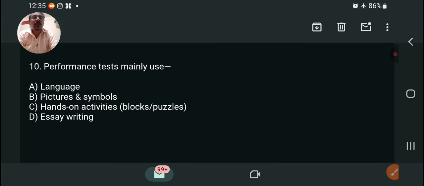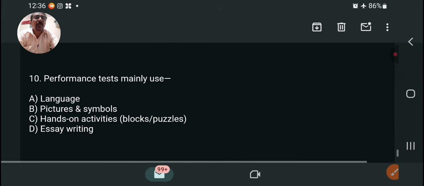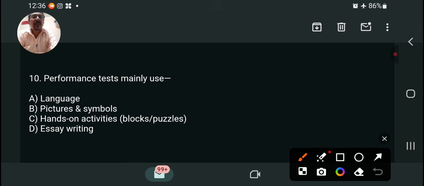The answer is C, hands-on activities. Check whether right or wrong. Yes, performance. These are hands-on activities like blocks and puzzles.